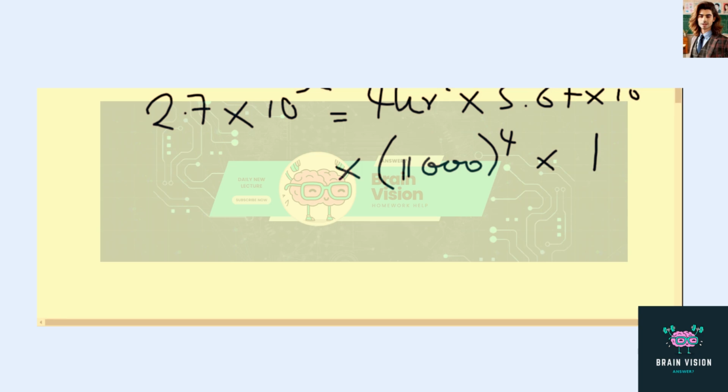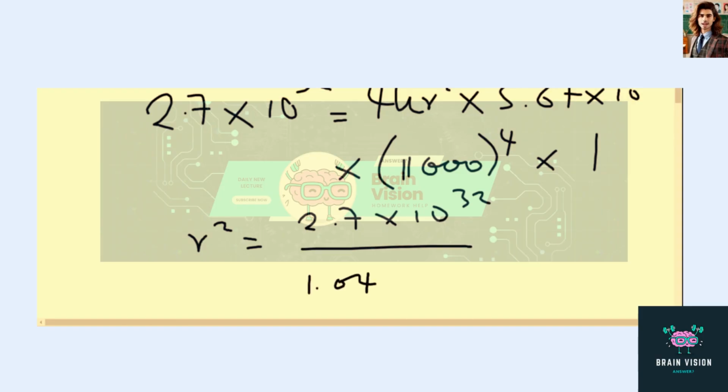So when we evaluate, let's do this step by step. Making the radius the subject, we have r squared being equal to 2.7 multiplied by 10 to the power 32 divided by 1.04 times 10 to the power 10, and this should be equal to 2.59 times 10 to the power 22.